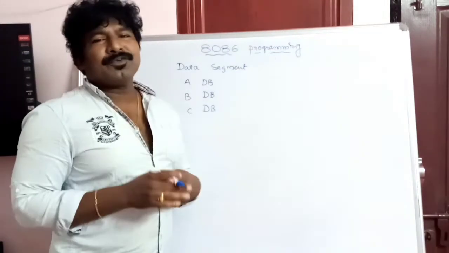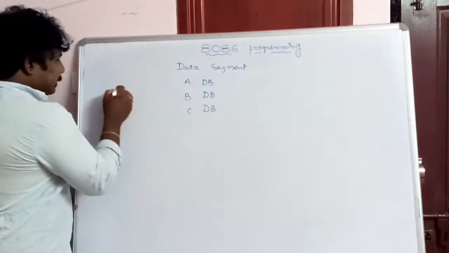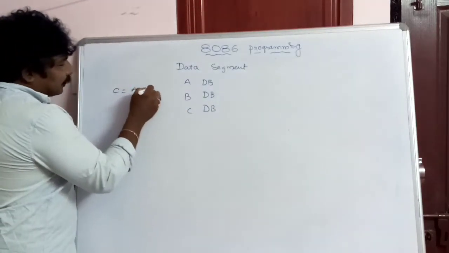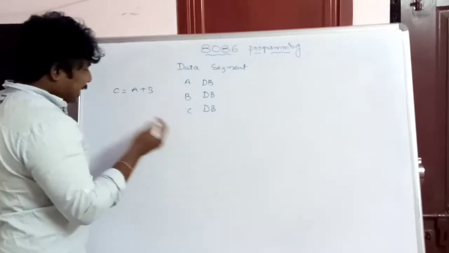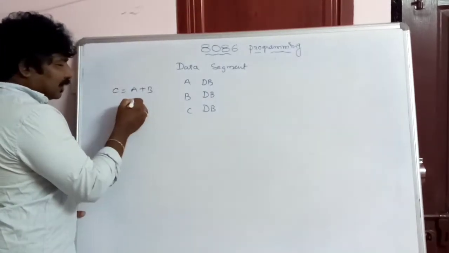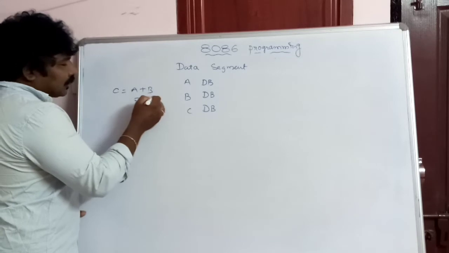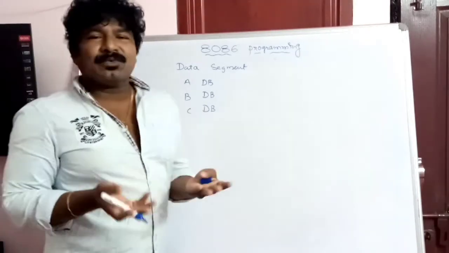How do you perform this operation C equals A plus B? It can be performed by assigning values to A and B. For example, for A I want to give 5, for B I want to give 7. How can I give these values?